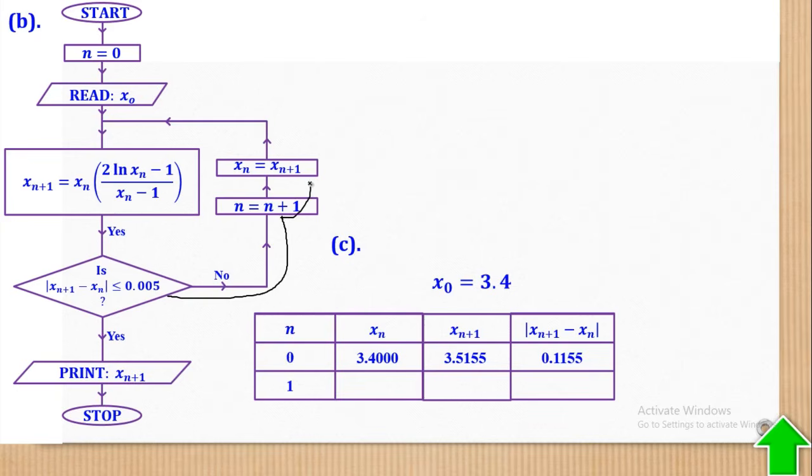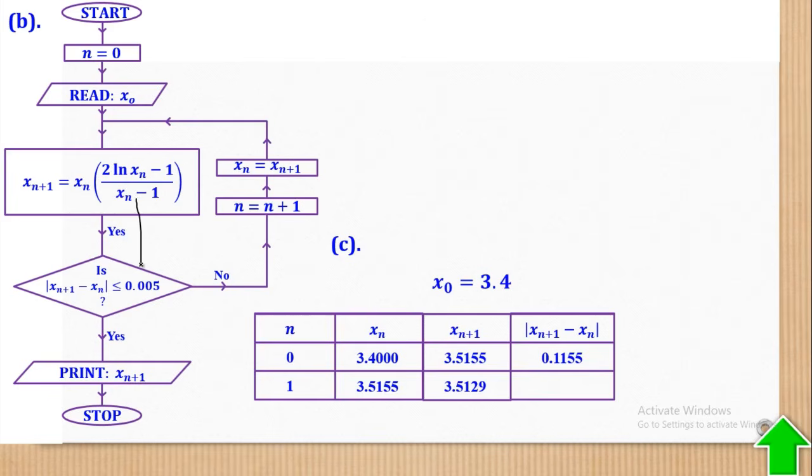When it is 1, it means that what was x0 will become x1. Therefore this is now the value we are going to substitute here. When I substitute where there is xn here, here and here, I'll be able to get my xn plus 1 as 3.5129.